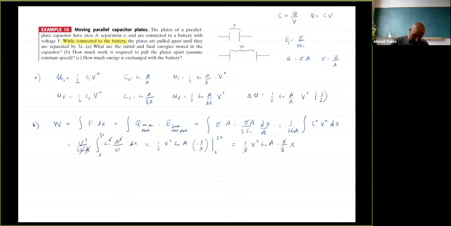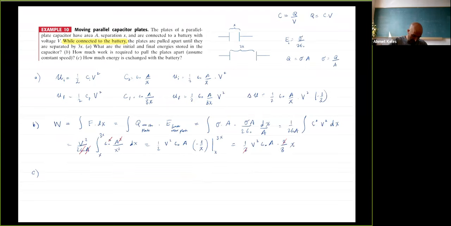And now, how much energy is exchanged with the battery? So I have the change in potential energy of the capacitor. I have the work I've done. The final thing is the battery, how much energy is exchanged with the battery. So all these three things should add up.